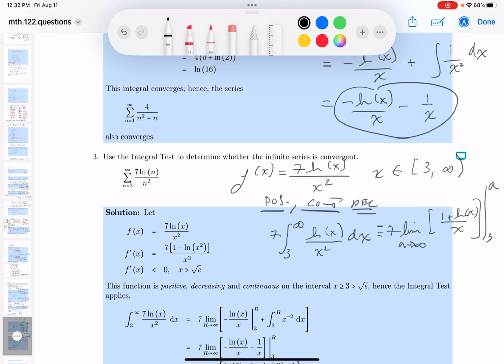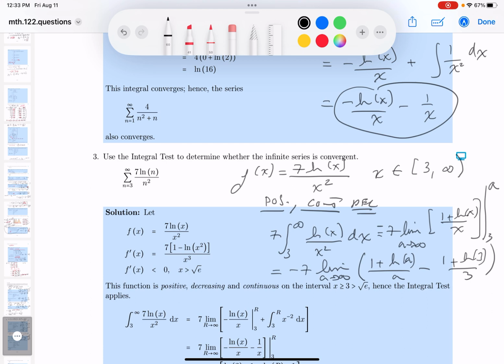Minus 7, limit a goes to infinity, 1 plus ln a over a minus 1 plus ln 3 over 3. Well, as a goes to infinity, that first term is going to disappear because a grows faster than the natural log of a.